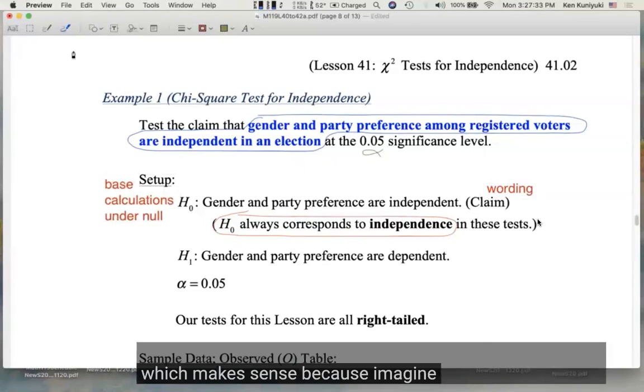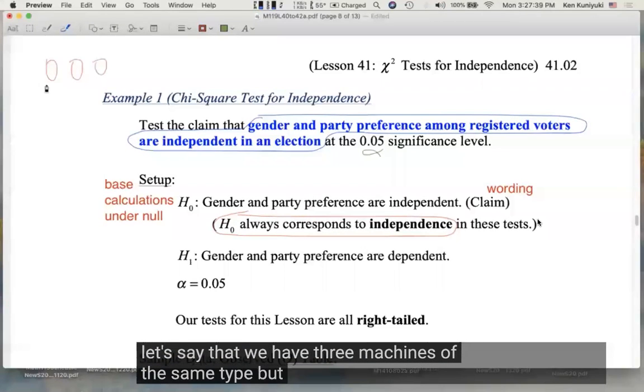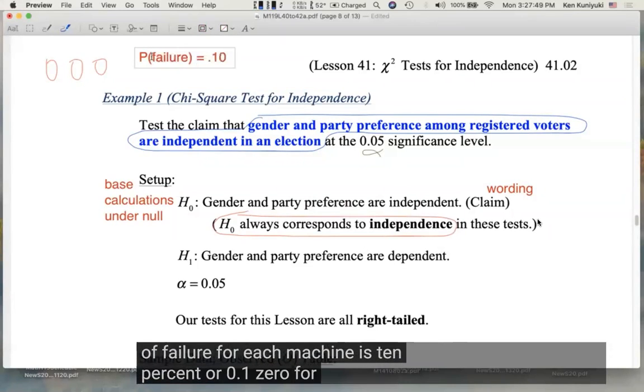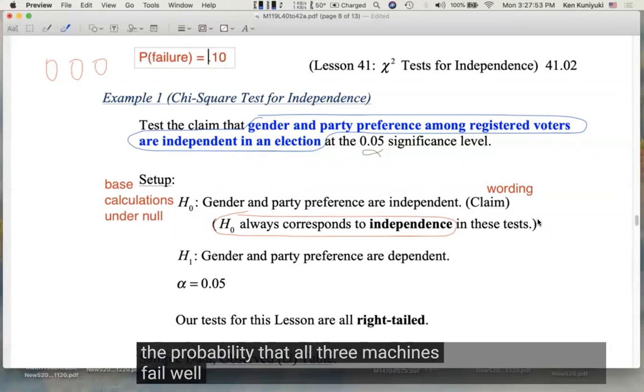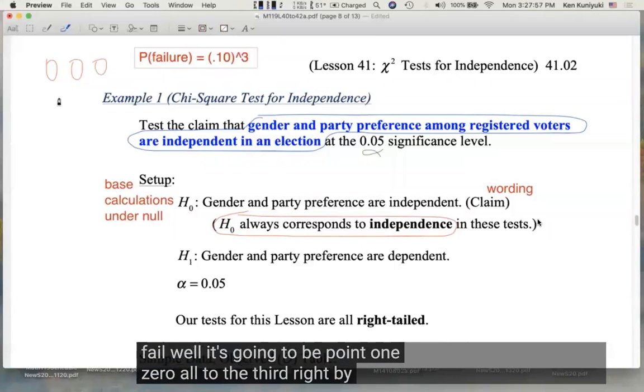Which makes sense because imagine this. Let's say that we have 3 machines of the same type, but they operate independently. Let's say that the probability of failure for each machine is 10% or 0.10 for the day. What's the probability that all 3 machines fail? Well, it's going to be 0.10 all to the third, right? By independence.